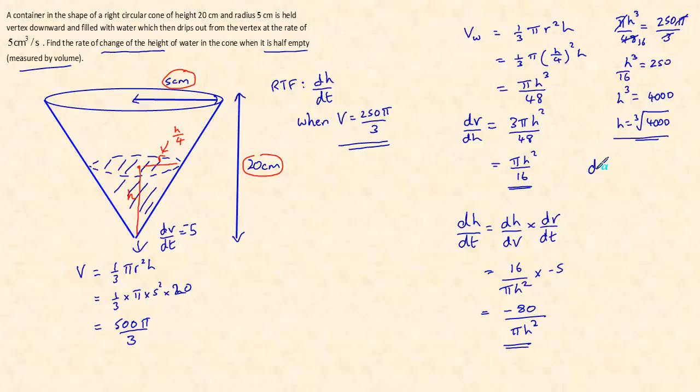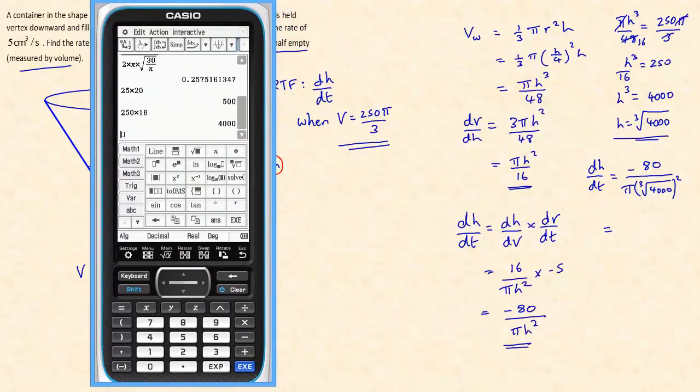Substitute that into here. So dh/dt is going to be -80 over pi times the cube root of 4,000 squared. We just need to calculate that. So 80 over pi multiplied by the cube root of 4,000.